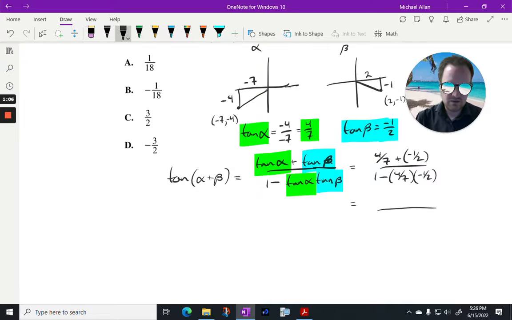So I get 1 over 14 here. Okay, and on the bottom, that's just me adding the two numbers on the top. And on the bottom, I'm going to go 1 minus 4 over 7 times negative 1 over 2.